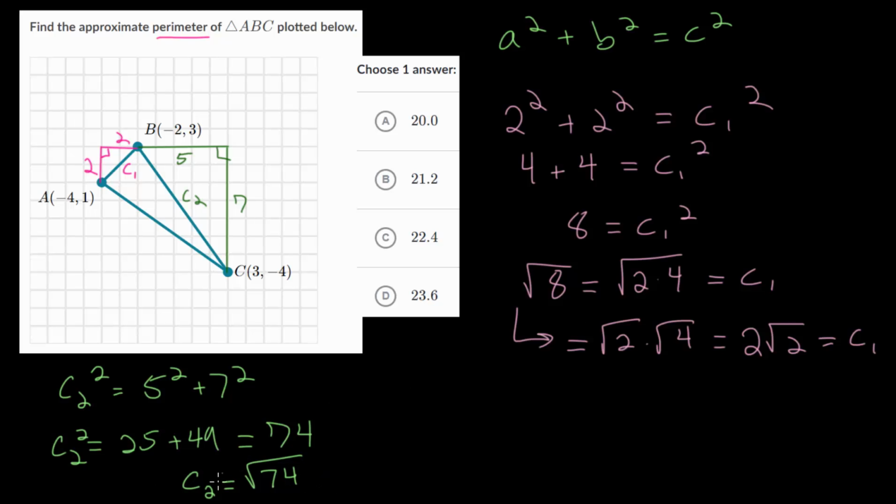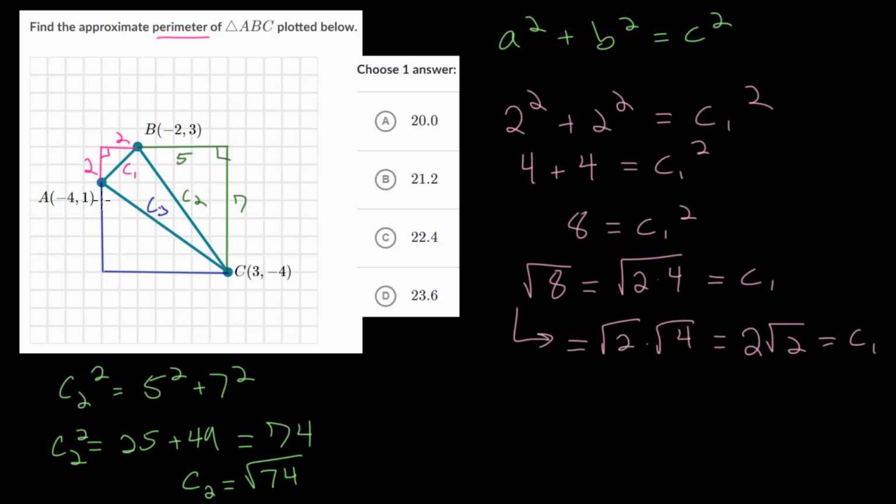And in fact, in this problem, since we're going to find a decimal answer, it's not completely important to simplify it. It just helps to get a little practice, because in some problems you will need to simplify this. So we can just leave this as our answer for C2. And we just need to find one more side. We can call this C sub 3 and break this one up into a right triangle so that we can find the hypotenuse.